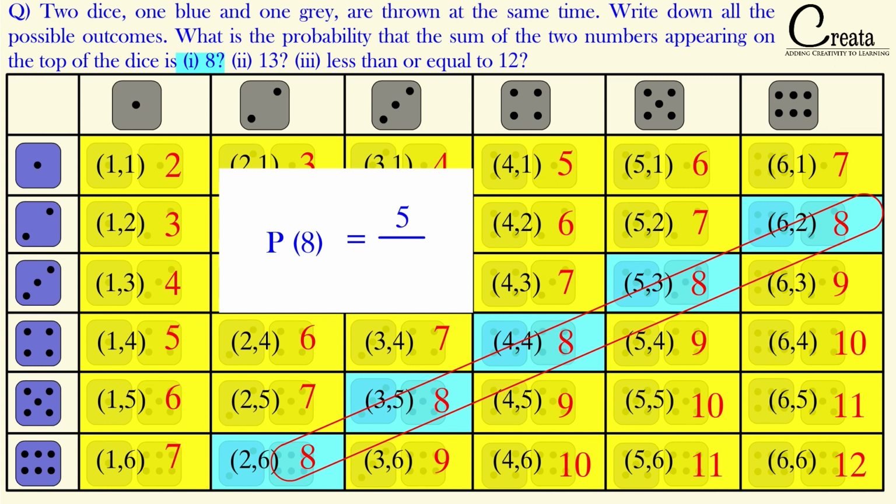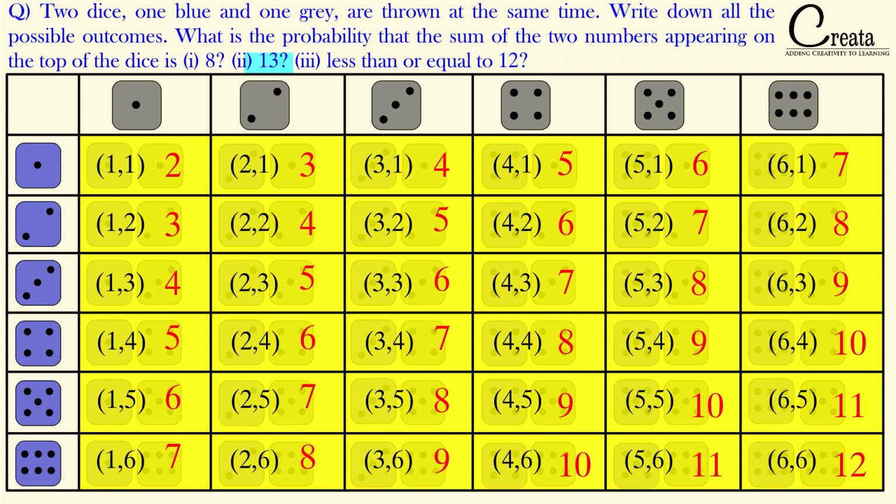In these 5 cases, we will get our sum as 8. In the denominator, we are having total 36 cases. So the answer of the first part is 5 by 36. 5 because we are getting 5 cases, 36 because the total number of cases are 36.